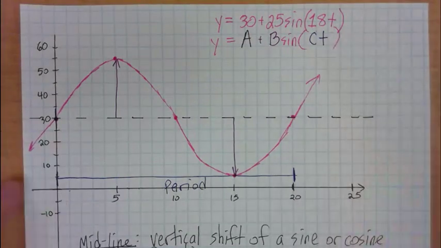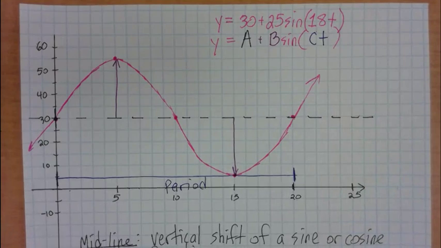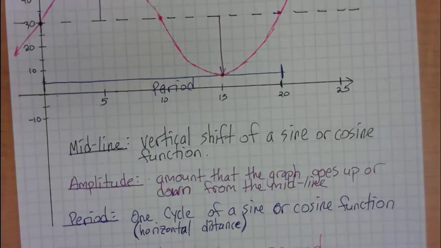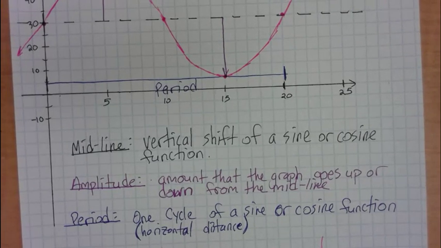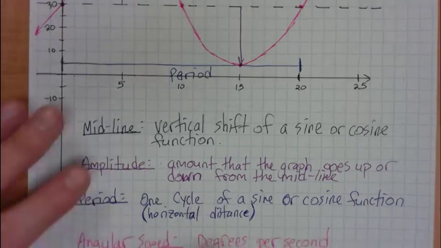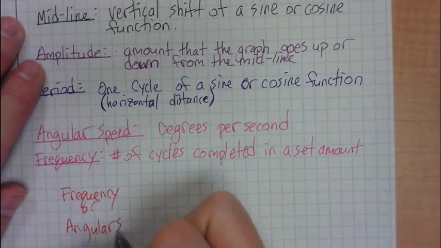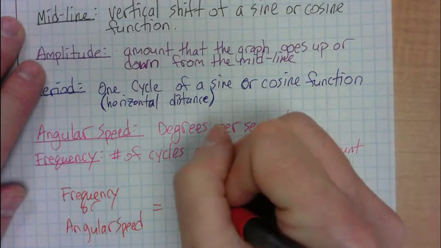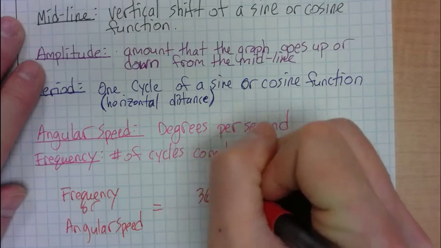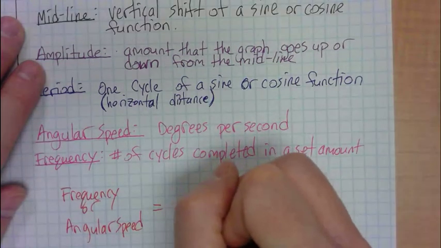The last thing we want to write at the bottom here is that our frequency or angular speed, both of those can be represented by 360 degrees divided by the period.